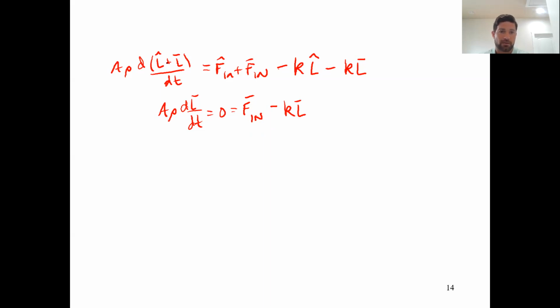All right, so therefore this term minus this term equals 0. So if I group these two terms together, I know the difference is equal to 0. So finally now I have A rho dL hat dt equals Fn hat minus K L hat.